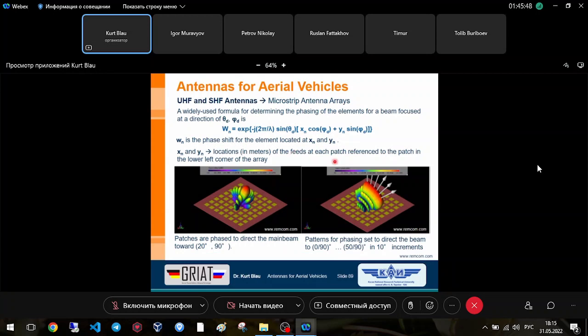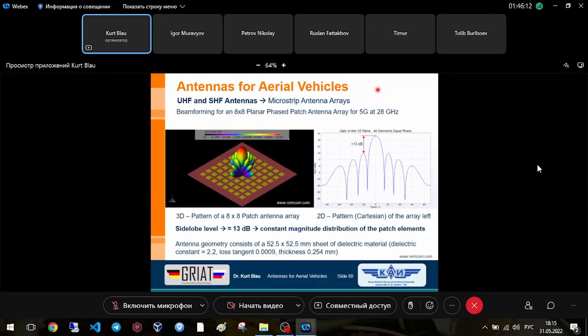It's not given here. So what I want to explain in this case is not a different magnitude distribution to achieve a very low side lobe level. In this case, we want to achieve pure electrical steering of this antenna array. This means the main beam should be steered in this or in this direction.